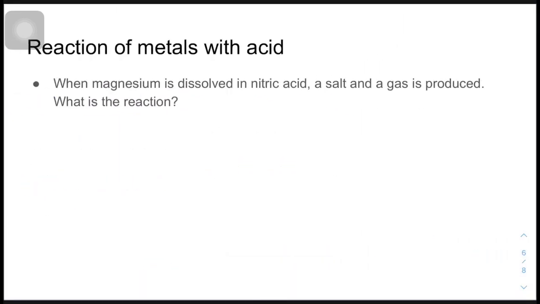What is the reaction when magnesium is dissolved in nitric acid? Say that a salt and a gas is being produced. Okay, when magnesium is dissolved in nitric acid, we have also covered that in the acid-base reaction.